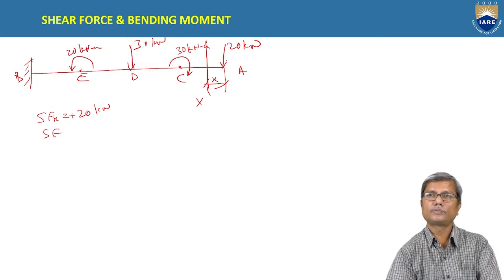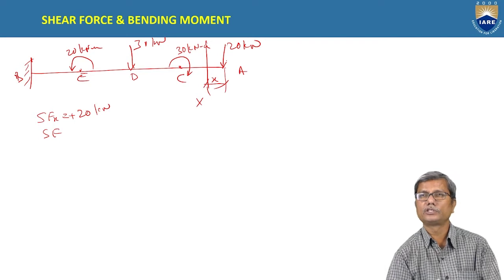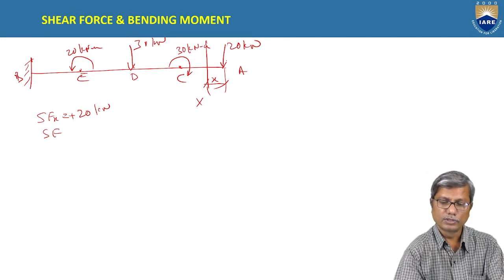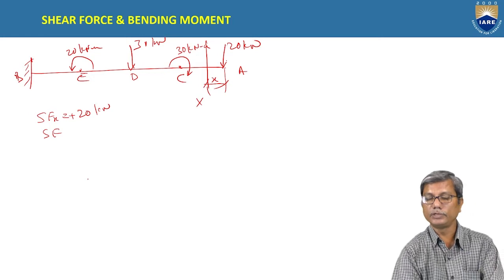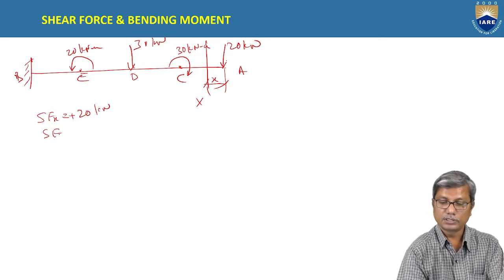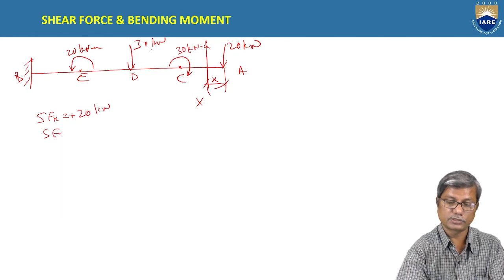Couple means 2 equal and opposite forces, so it will not affect the shear force. So 2 sections, AD and DB, are sufficient. Anyhow, we consider shear force at 4 different sections.